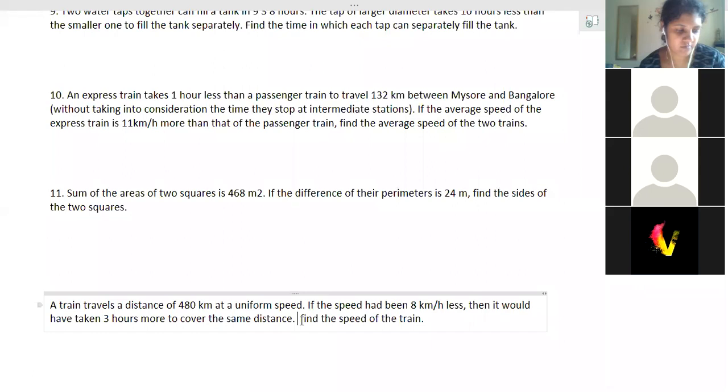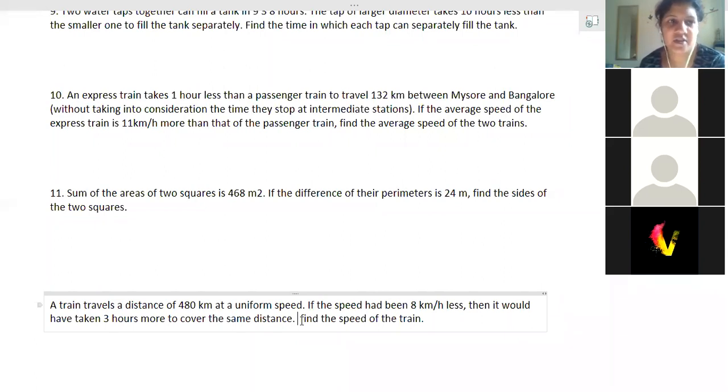With 40 kilometers per hour. Yes, right. 40, right. Everyone got it?